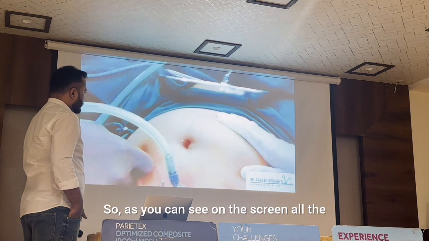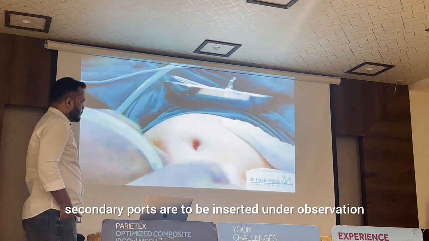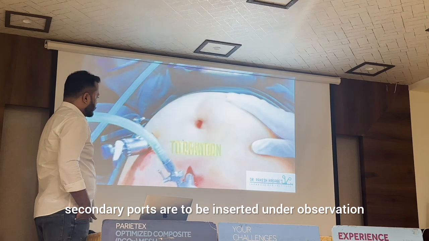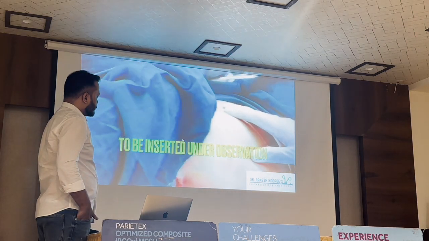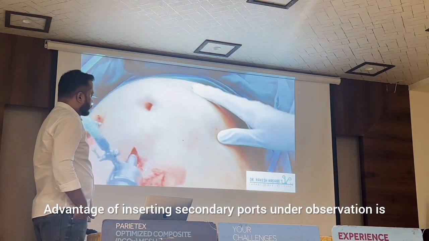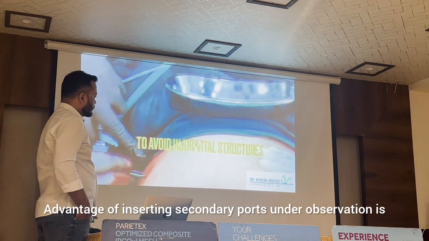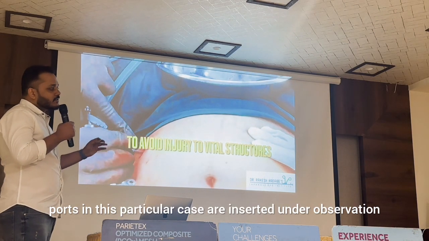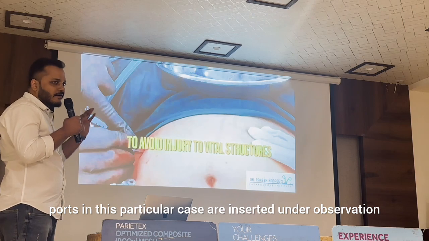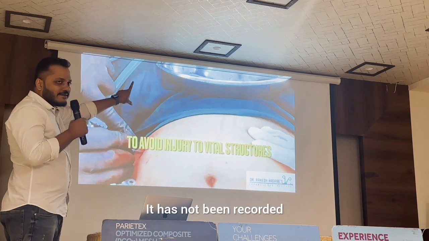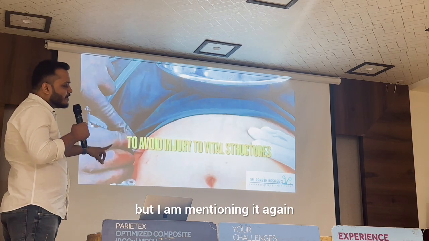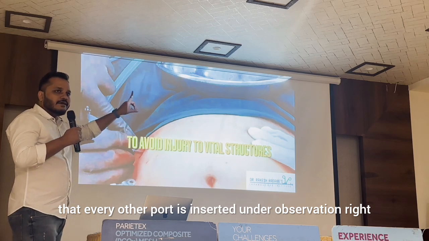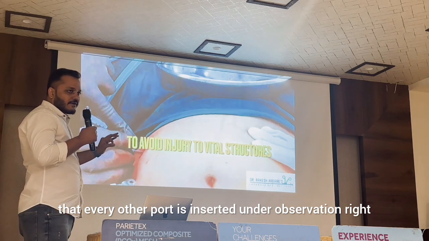As you can see on the screen, all the secondary ports are to be inserted under observation. Apart from the primary port, all other ports in this particular case are inserted under observation. It has not been recorded, but I am mentioning it again that every other port is inserted under observation.